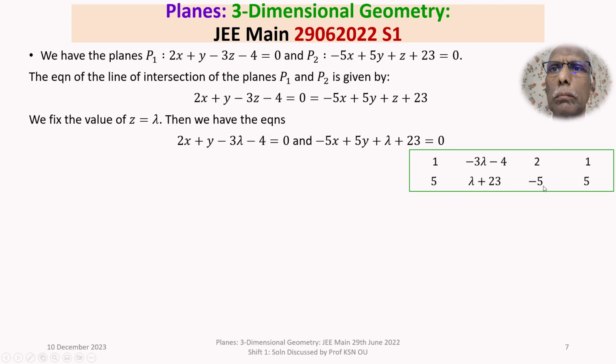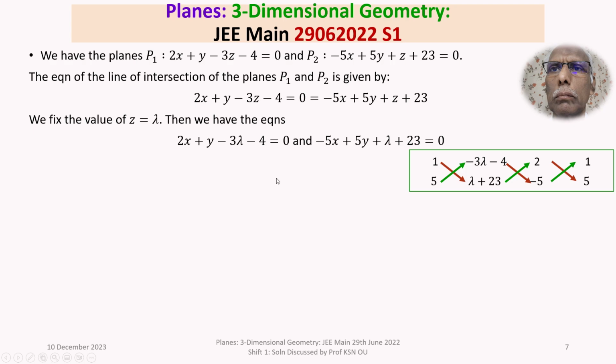Similarly, for the second equation we write down. Now the rule of cross multiplication: this into this minus 5 into this, and x by this one, y by this one, and z by this one.